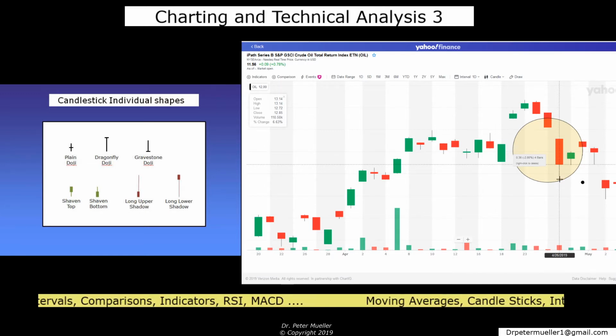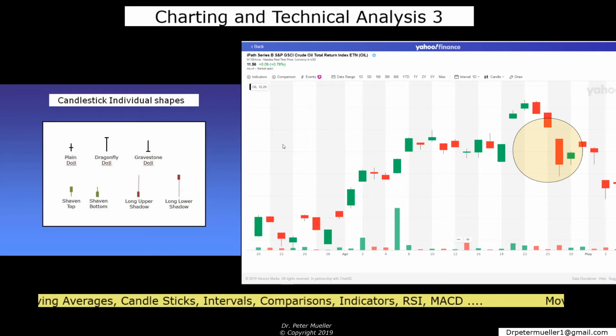It went down to this very low point, and at the closing it closed here at the end. So you have this large red body indicating that the closing price was lower than the opening price. And we had some further volatility here, showing you that little shadow on the bottom.